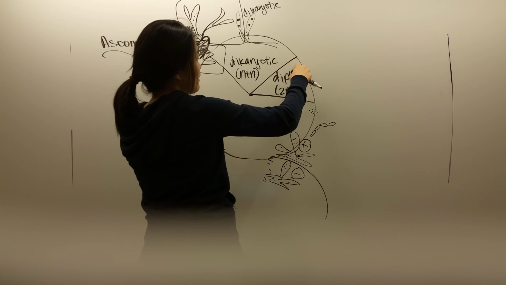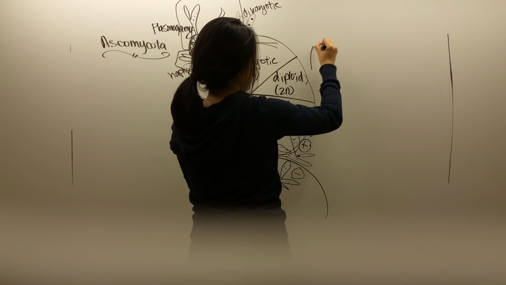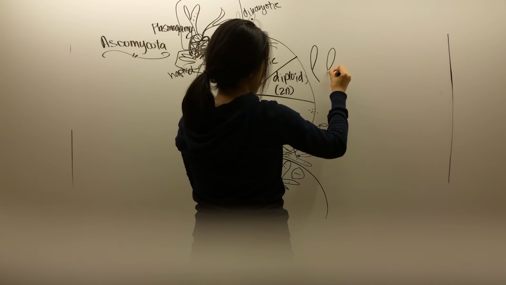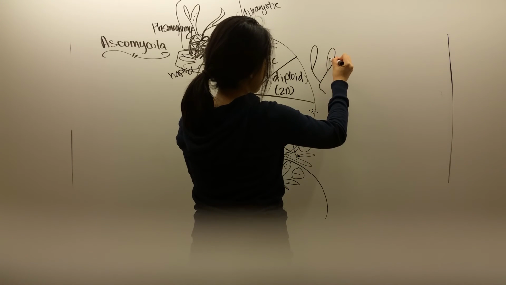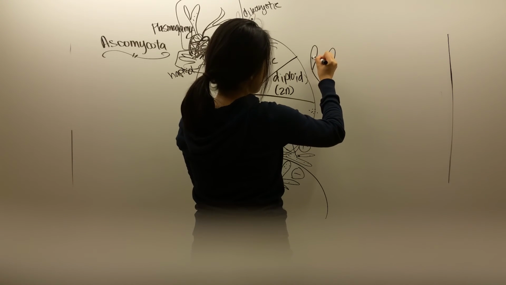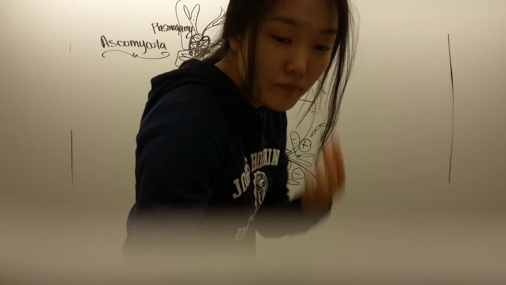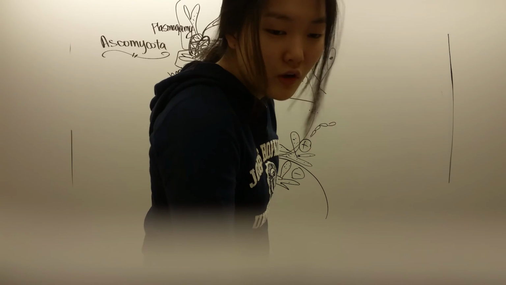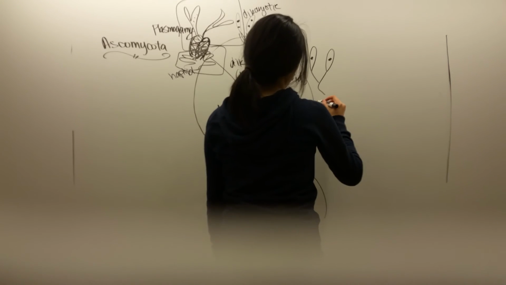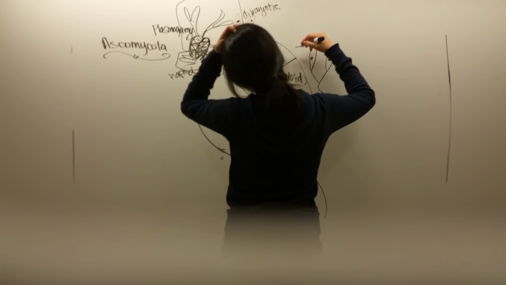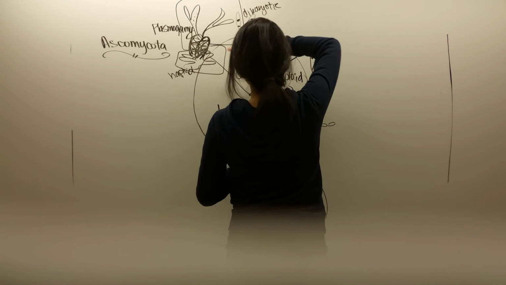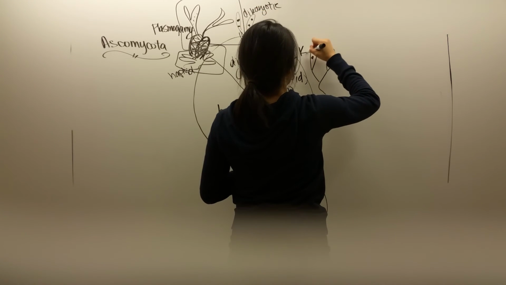When they do fuse, however, they become diploid. And then you undergo meiosis. If that's plasmogamy, this is called karyogamy.